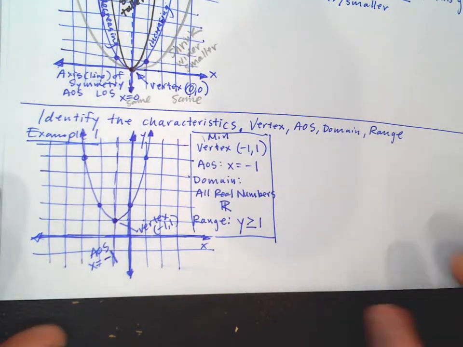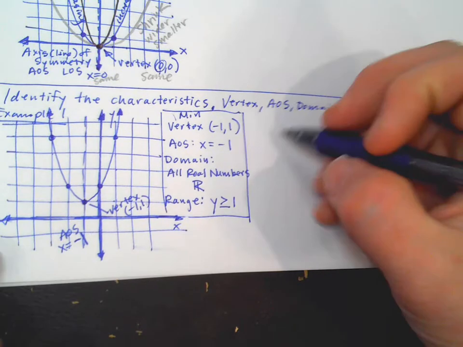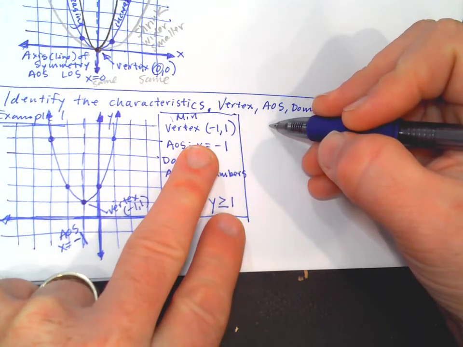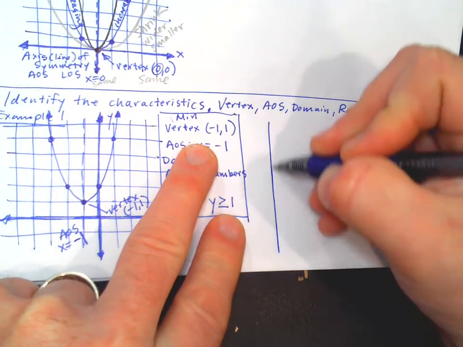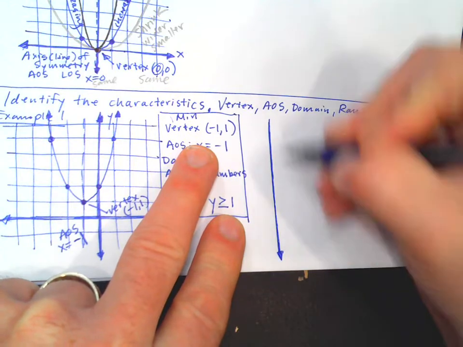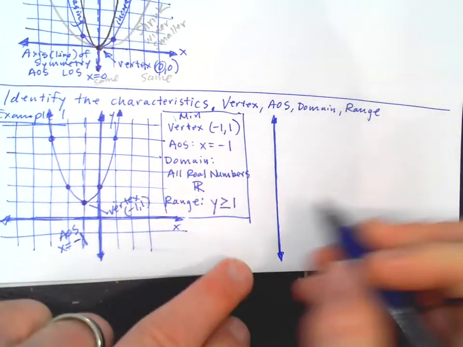That's identifying the characteristics. Let's try another one, and I'll let you try it on your own, but let's draw it first. On the homework, they might just give you a picture, and you don't have to redraw it.